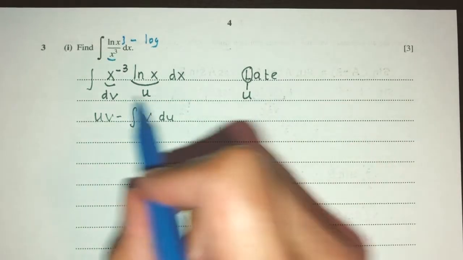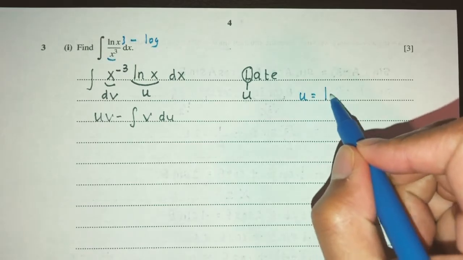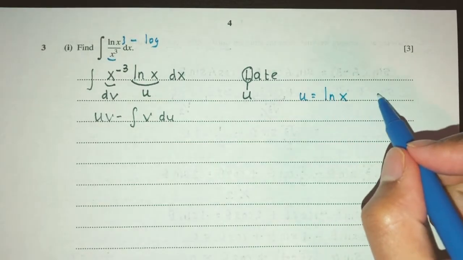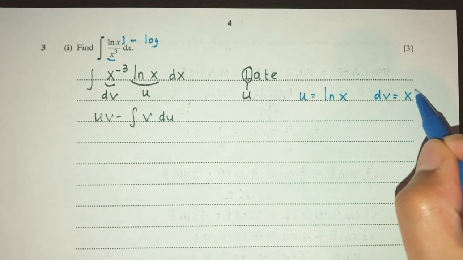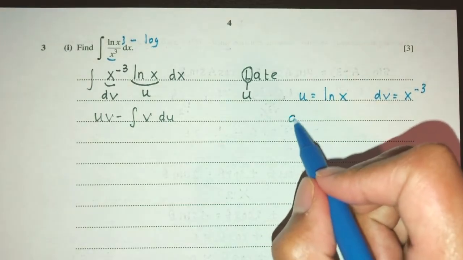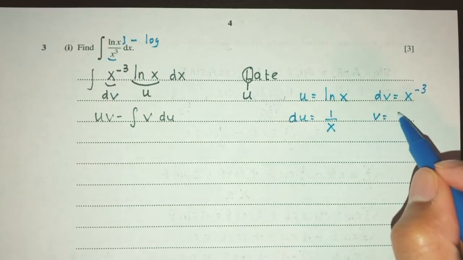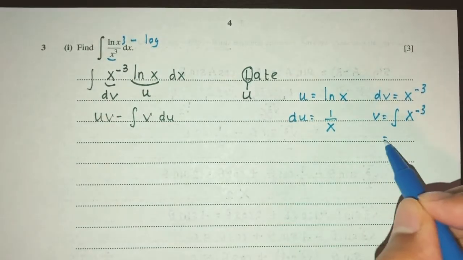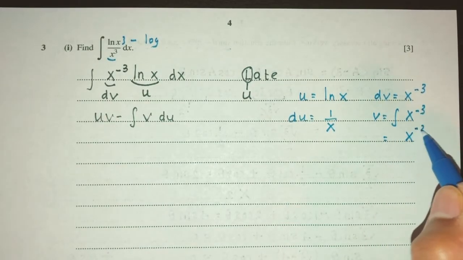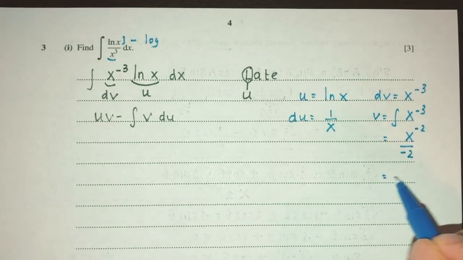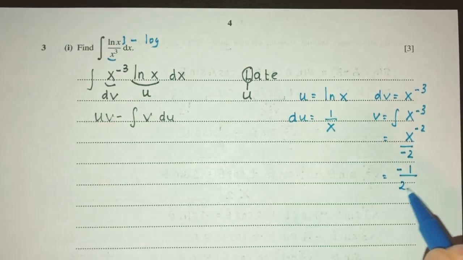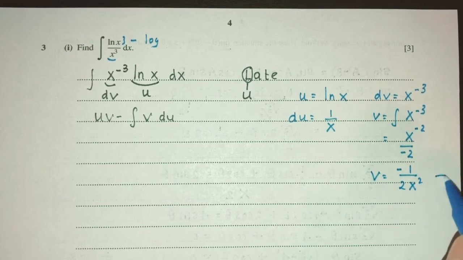So u is ln of x, and dv is x to the power minus 3. We have to find du, which is 1 over x, and v will be the integration of this, which is minus 1 over 2x squared. This will be your v.